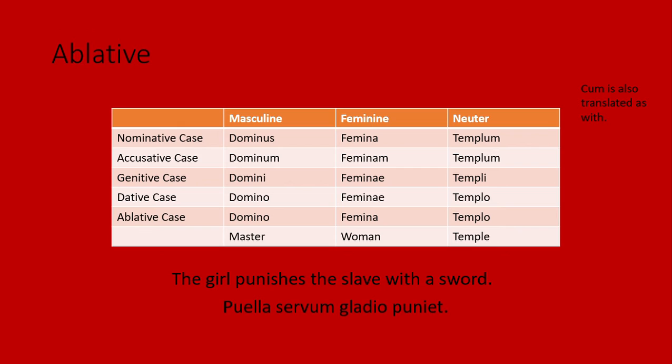So the ablative can be used for instrumental use. So if I hit a nail with a hammer, the hammer would be going into the ablative in that sentence because it's the instrument of the subject of the sentence.